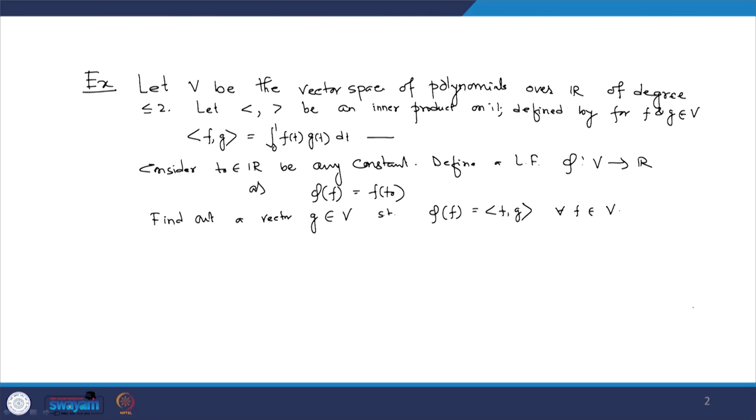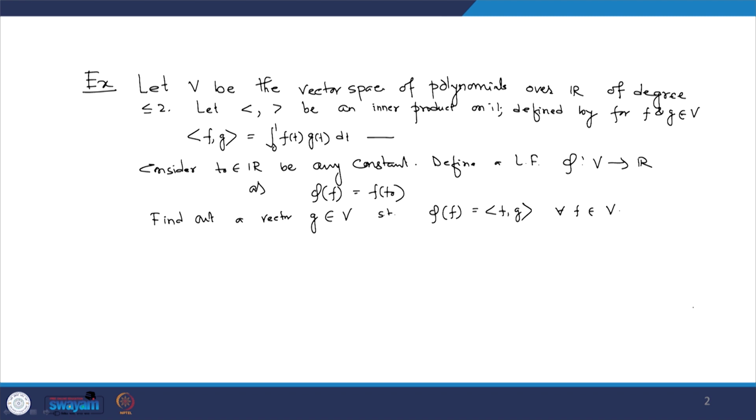So, let me consider this problem where V is the vector space of polynomial functions over the real line of degree less than or equal to 2. The inner product defined in this space is the inner product of f and g equal to the integral from 0 to 1 of f(t) g(t) dt.